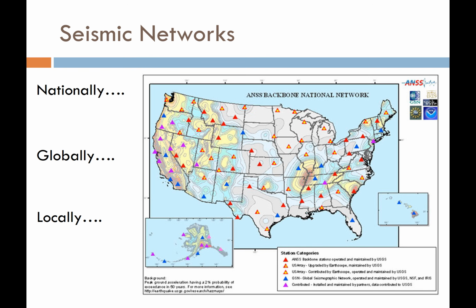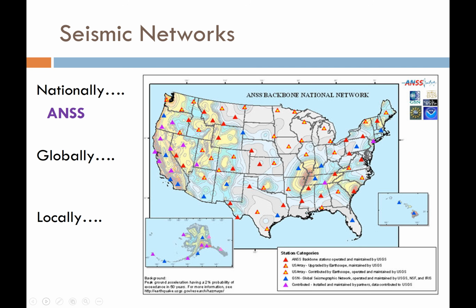A seismic network is a group of ground motion recording instruments that are networked together and share information. So if an earthquake happens anywhere, we can record it, observe it, and study it. Here in the United States, the big seismic network that we have is a conglomeration of all different universities, geological surveys, etc. It's called the American Network of Seismic Stations, ANSS.